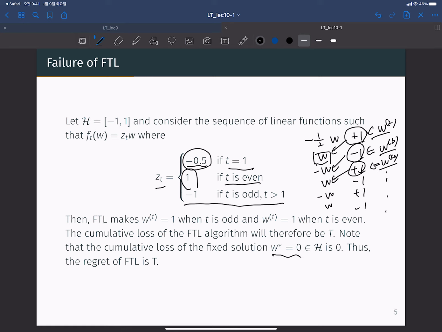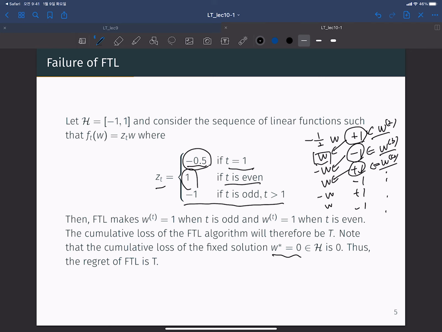But when we follow the leader rule, we always maximize the loss value adaptively, very bad, and the cumulative loss grows to just T. So the regret value we obtain is capital T. Very bad. Okay.